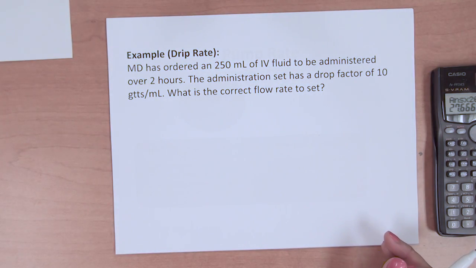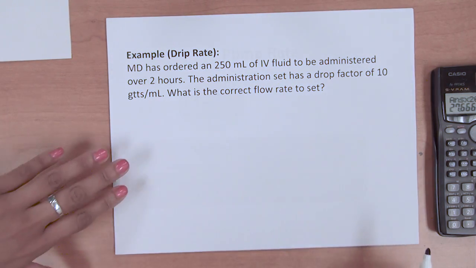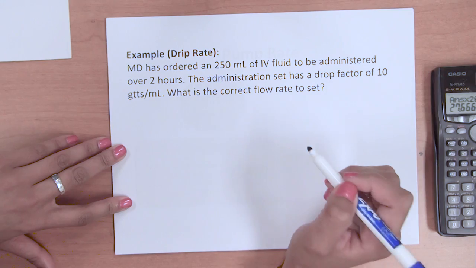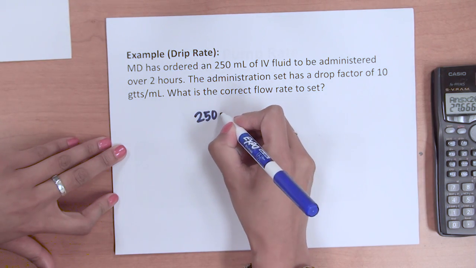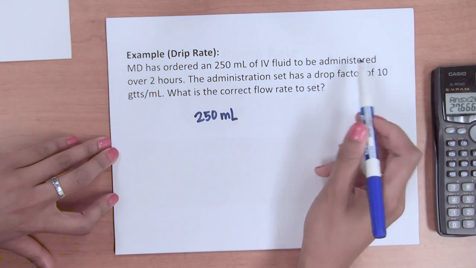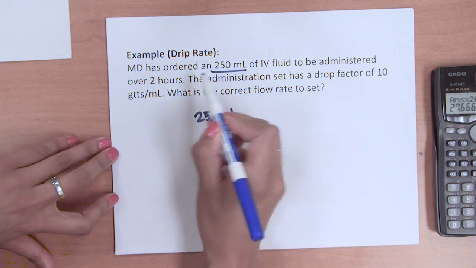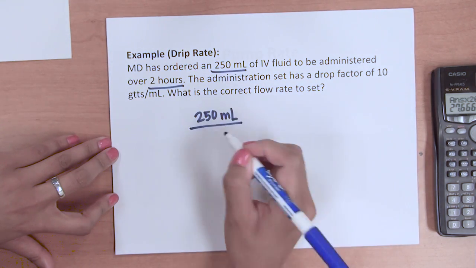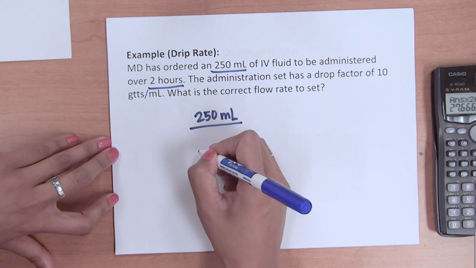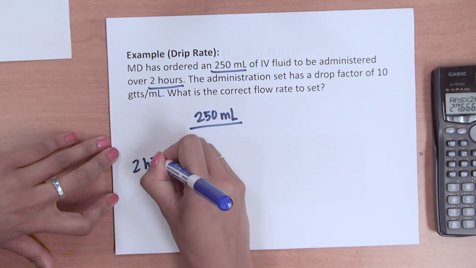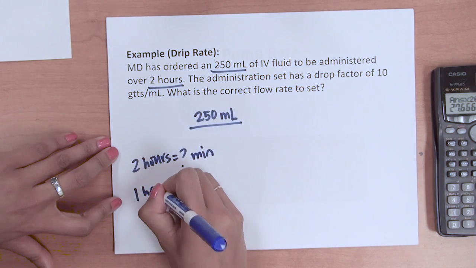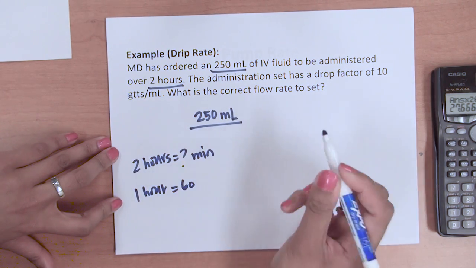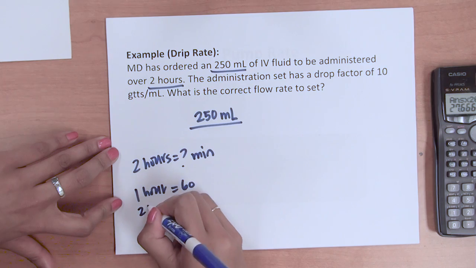One more drip rate question. Your MD has ordered 250 mils of IV fluid, so we know it's 250 mils to be administered over 2 hours. So change that right away to minutes. 2 hours is how many minutes? We know that 1 hour equals 60, so 2 hours is going to equal 120.